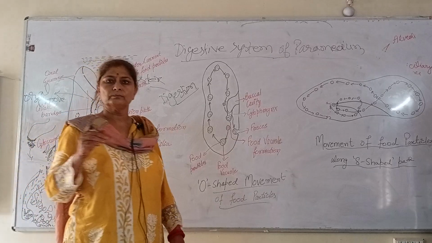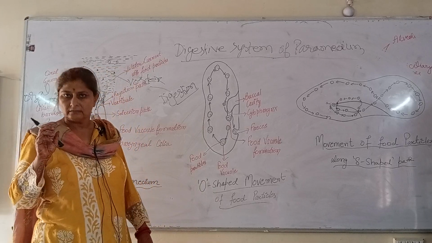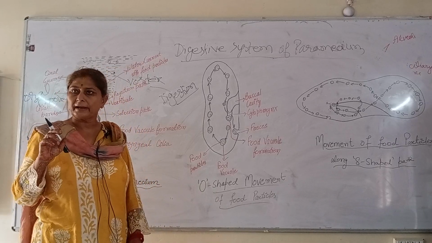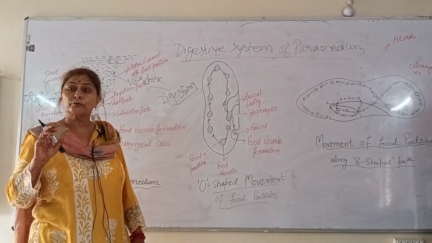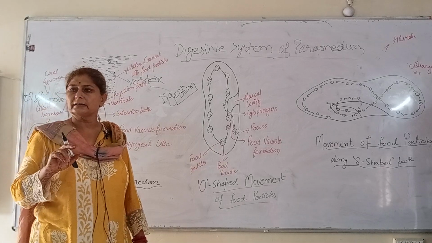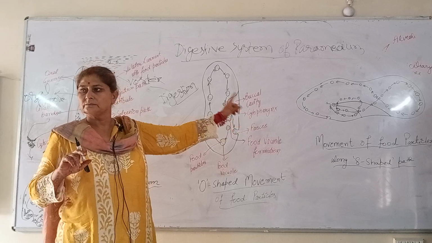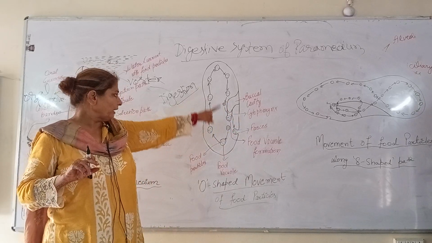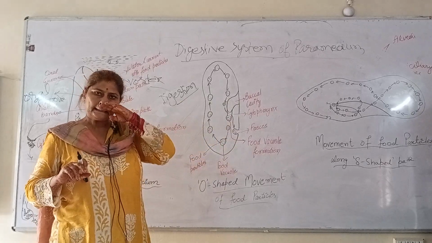Now the lysosome attaches with the food vacuole. The movement of the food vacuole is of two types: one is O-shaped and another is egg-shaped.